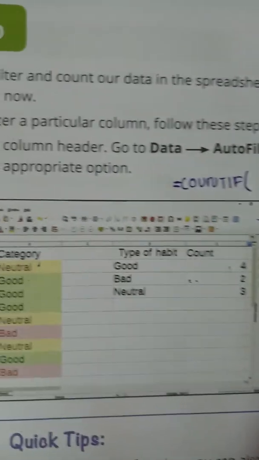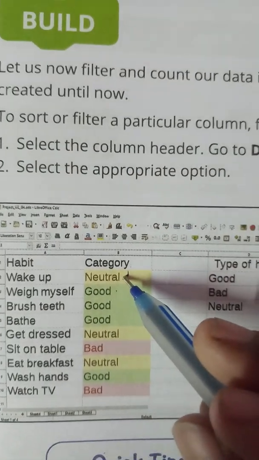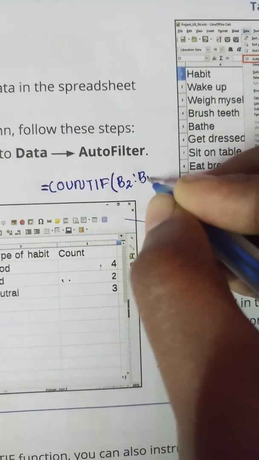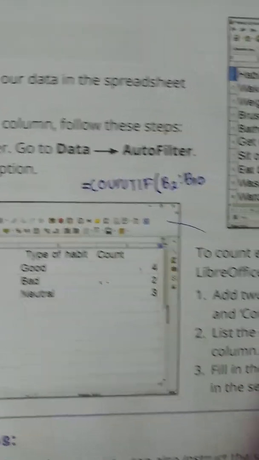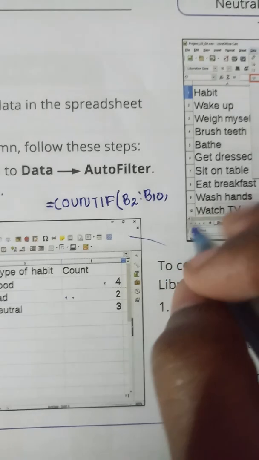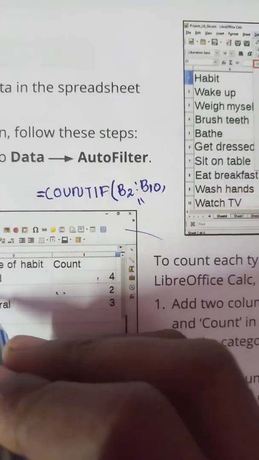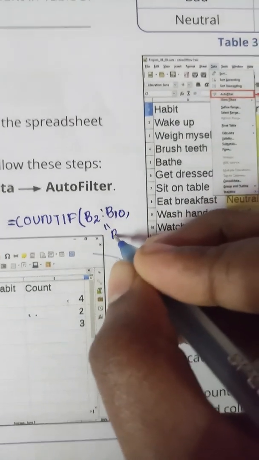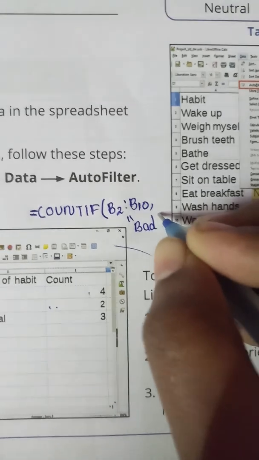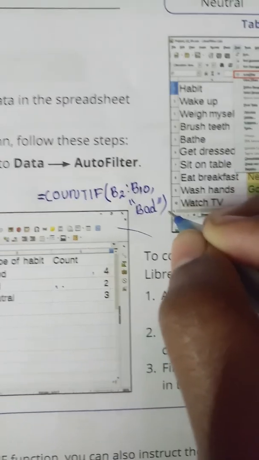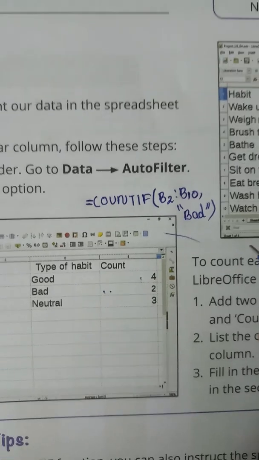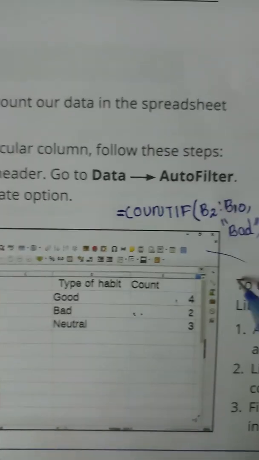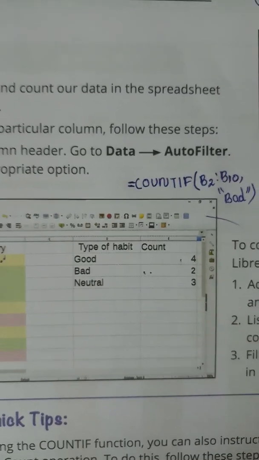Then I select from B2 to B10, then a comma, and in double quotation marks I give bad, because I need to count the total number of bad habits. Then close the bracket and press Enter. How many bad habits are there? 1, 2. So 2 will appear. Okay, thank you.